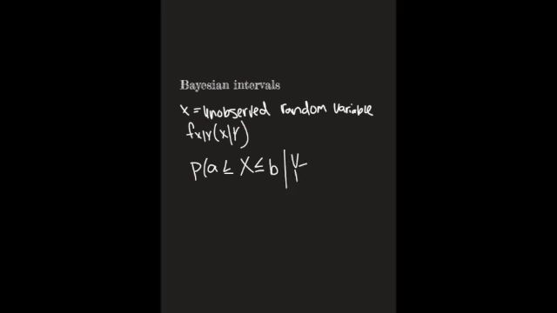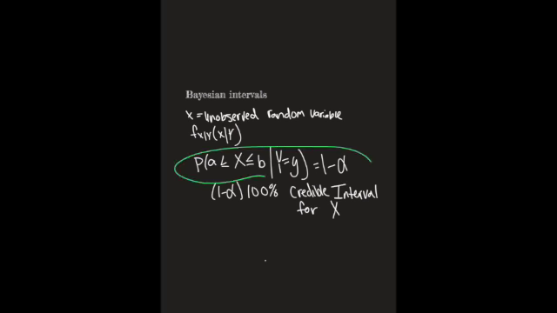My interval from a to b is said to be 100(1 minus alpha)% credible for x. So if this is true, then our interval would be a, b. And this is for a Bayesian interval.